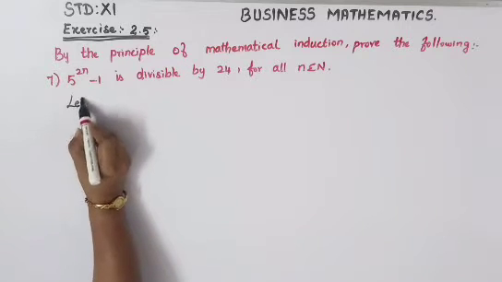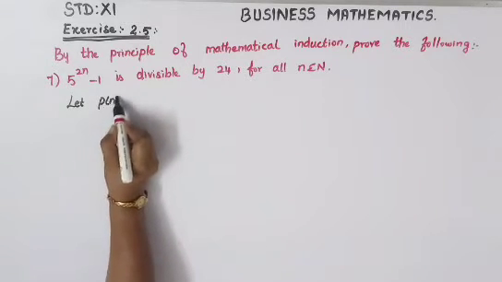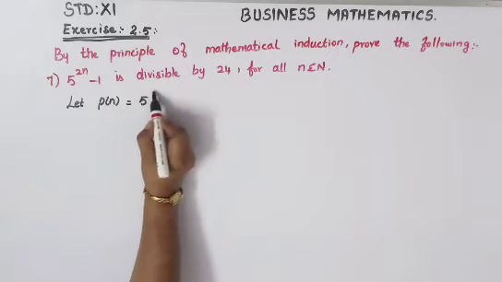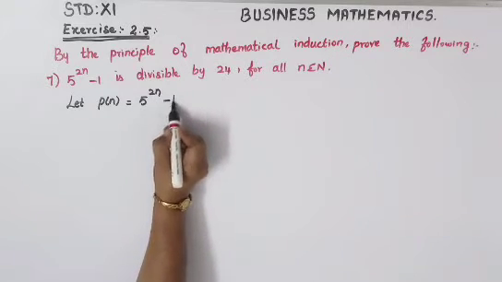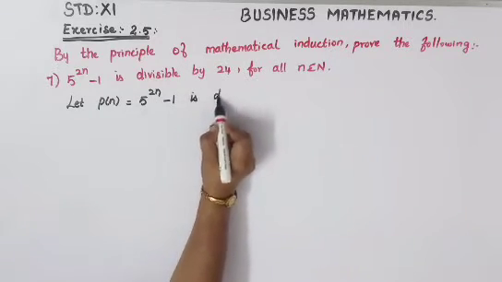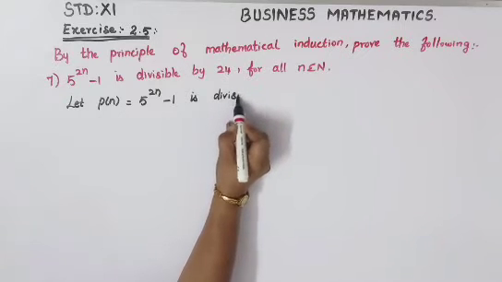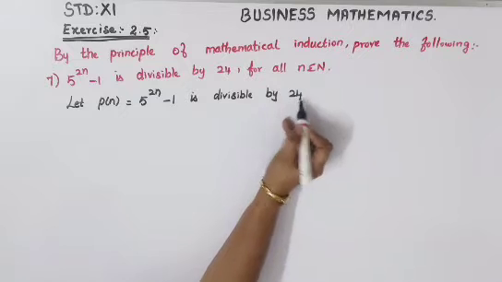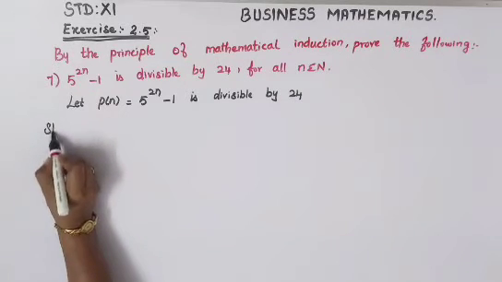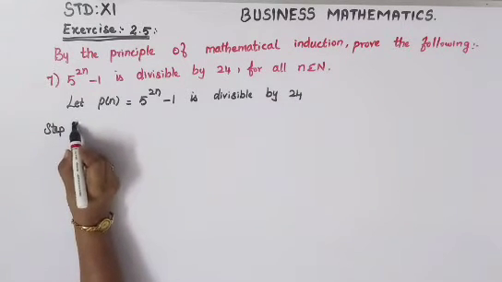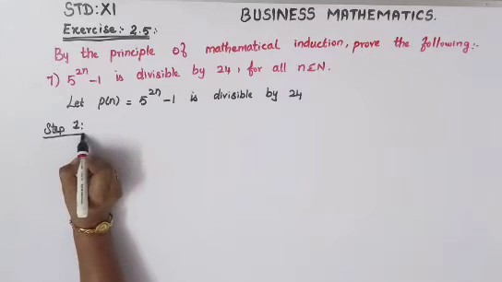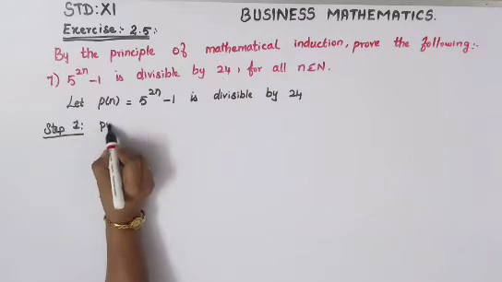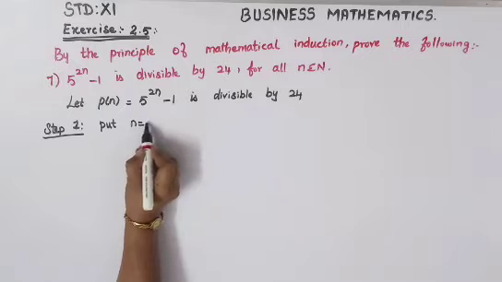Let P of n is equal to 5 power 2n minus 1 is divisible by 24. So next step is step 1. Put n is equal to 1.